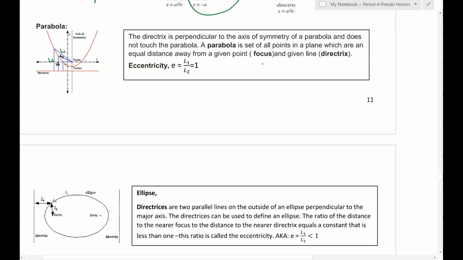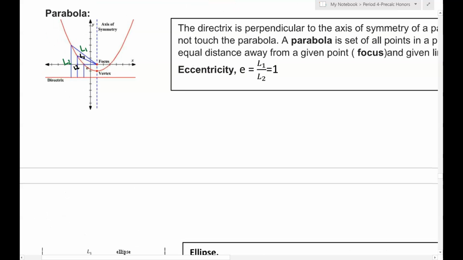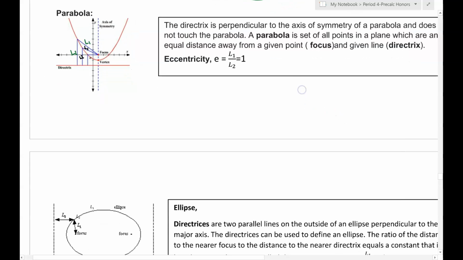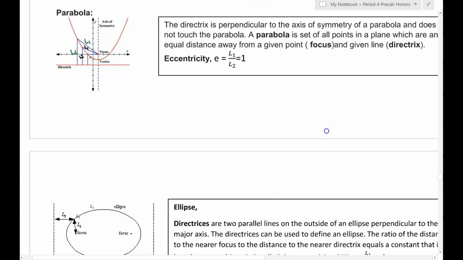And the eccentricity, which is the E value, if you look at our picture here, is the distance from the focus to a given point, and then from that same given point to the directrix. If it equals 1, then that is going to be your parabola. This is just tying up the first two definitions that we just got done writing down.